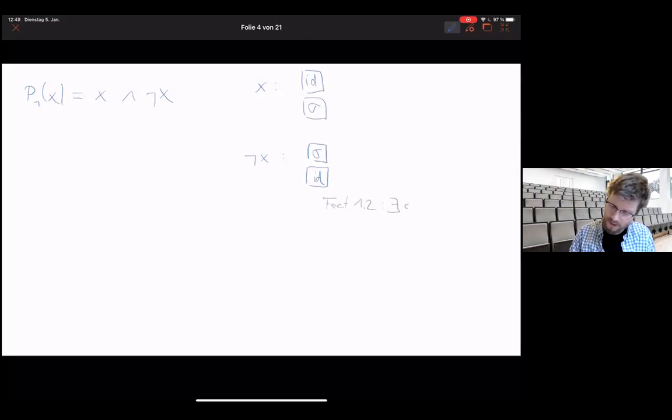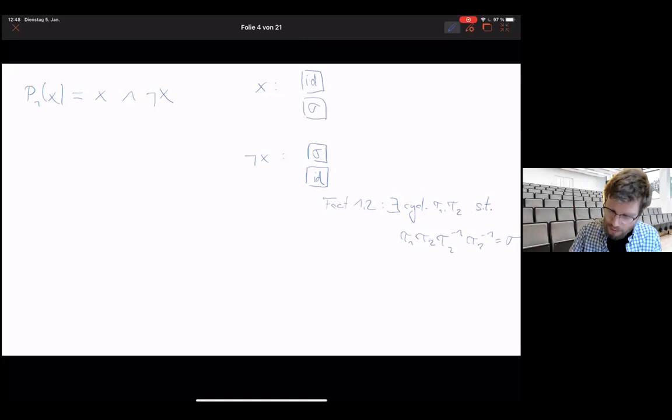We have cycle permutations, let's call them tau 1 and tau 2, such that tau 1, tau 2, tau 1 inverse, tau 2 inverse equals our sigma. And we also saw, or I provided it as a fact, that we can turn any cycle permutation into another cycle permutation by a simple conjugation.